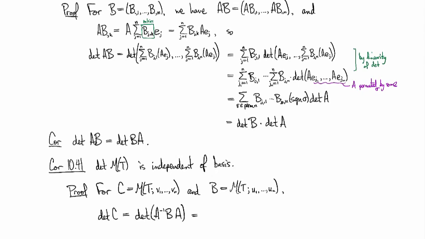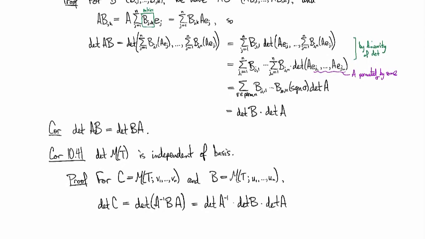So this is the determinant of A inverse times the determinant of B times the determinant of A again. And now it doesn't matter. Actually, I didn't even need to write that out, but this is more or less the proof of the corollary just above. We can put them back together in whatever order we want.